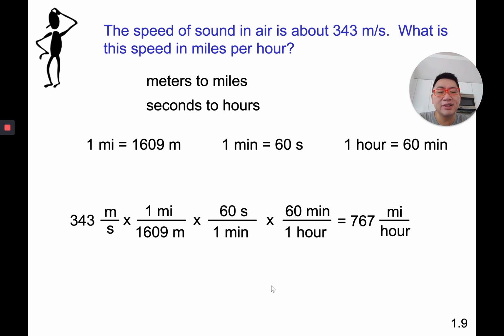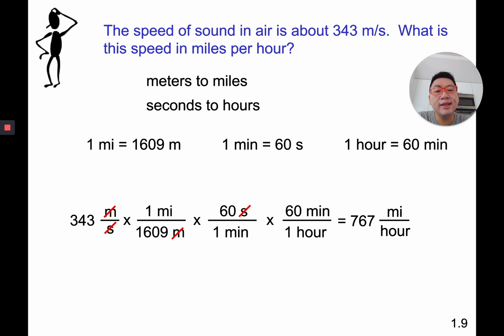Okay, let's look at these units. Notice meters here cancel: meters on the numerator, on top, and on the denominator, on the bottom, they cancel. That's not the only thing that cancels. Notice that seconds cancel. This second here and that second, in the bottom and on top, they cancel.